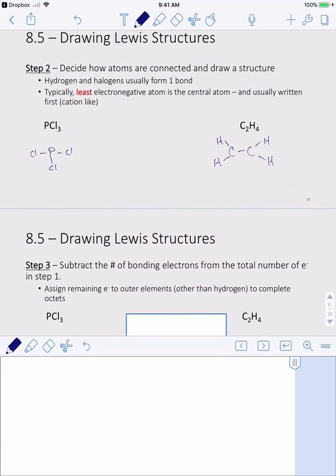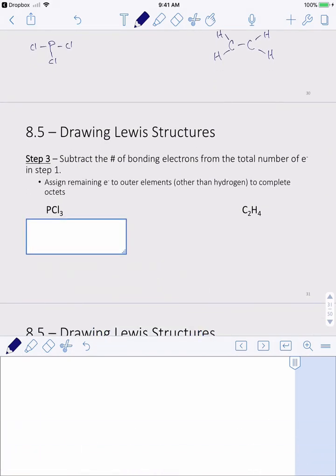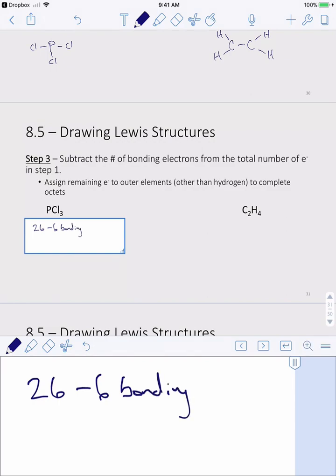In step 3, we subtract the number of bonding electrons from the total number of electrons in step 1. In step 1, we figured out that there were 26 electrons to work with, and we made 3 bonds on the previous slide, as you can see at the top. Each bond contains 2 electrons for a bonding pair. So we have a total of 3 bonds, so that's 6 bonding electrons.